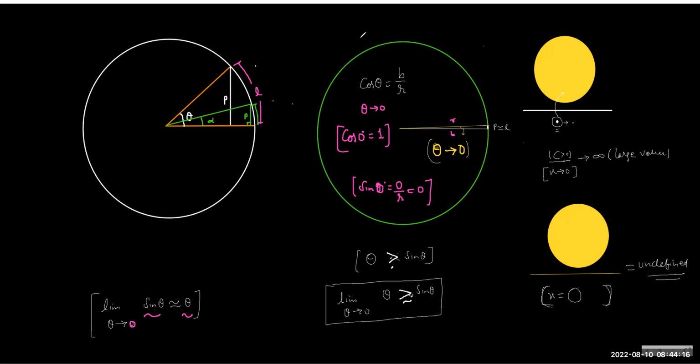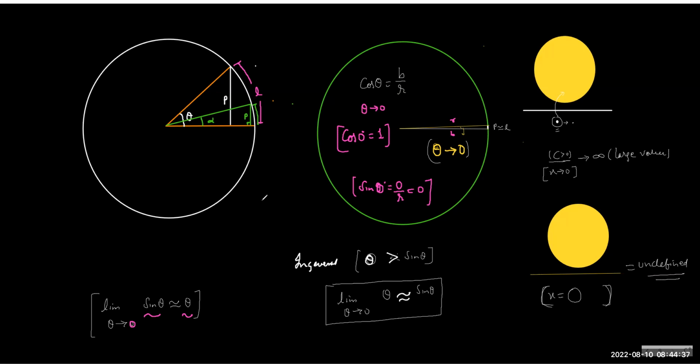Correct. So in general, angle is more than sine of angle, that we have realized. But under the limiting condition, what happens? When angle becomes really small, these two values will be same.